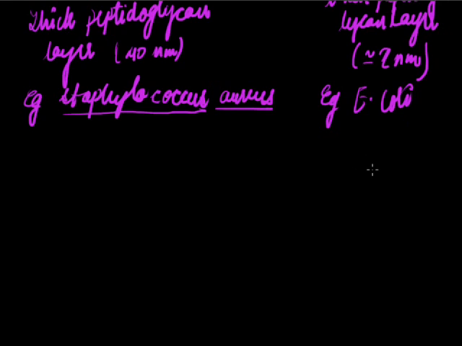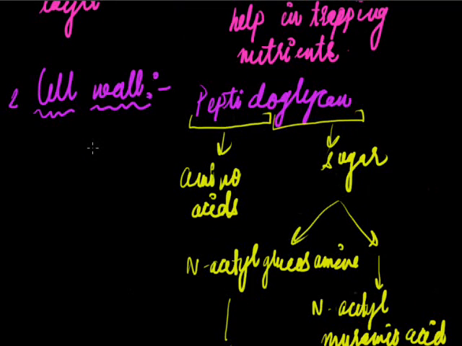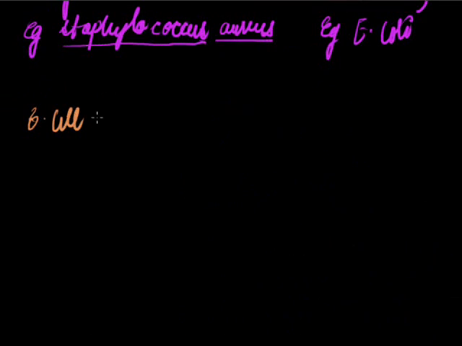Now the cell membrane. The next structure we are going to study is the cell membrane of a bacteria. The cell membrane of bacteria is made up of phospholipids.